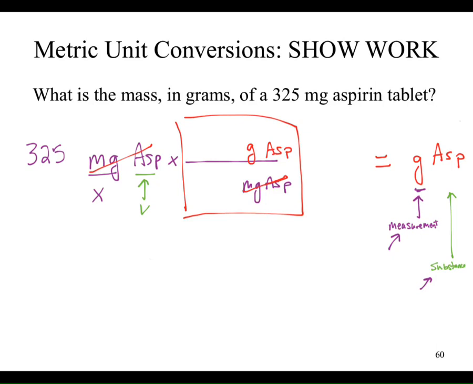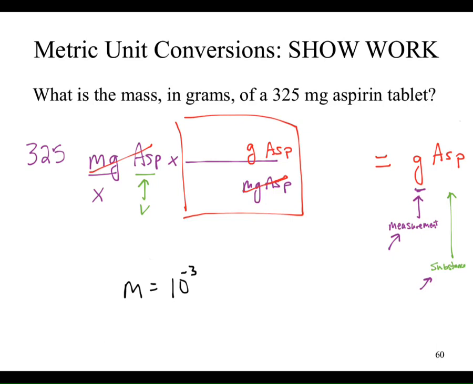Okay? So in this case, we just had a slide that said you had to memorize what milli meant. Well, milli, as a lowercase m, meant 10 to the negative 3. In this conversion setup, that milli, or that power of 10, needs to go with the core unit.